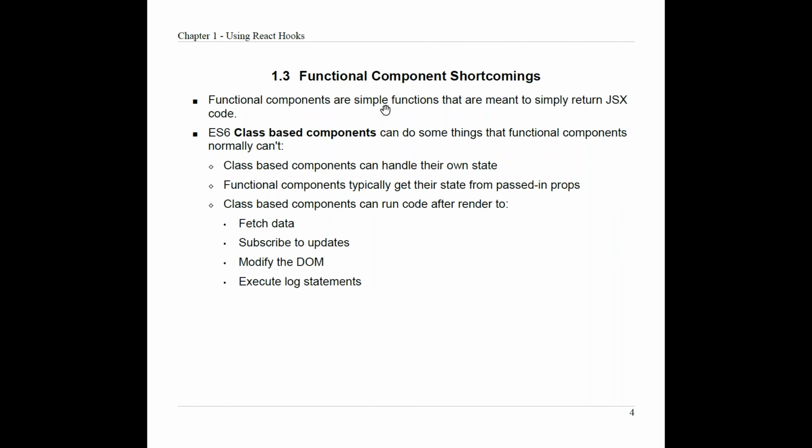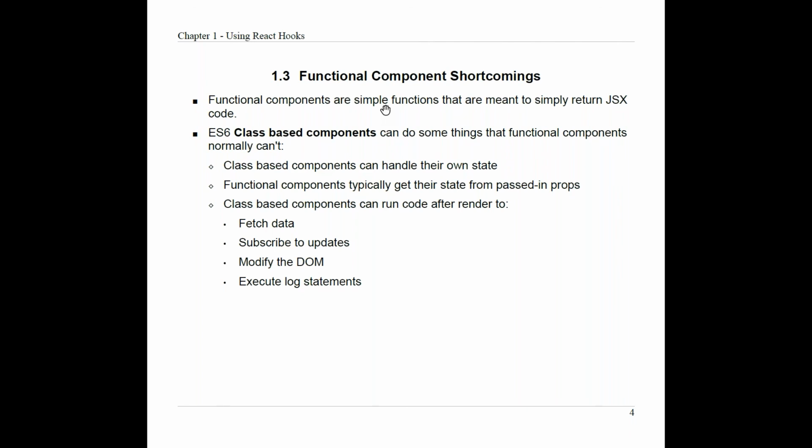Each of those types of data is added to something called a state object, and then can be accessed from there. With a class-based component, that state object can be internal to the component itself, and in some cases that's a benefit. In other cases, you're passing state down into a component.